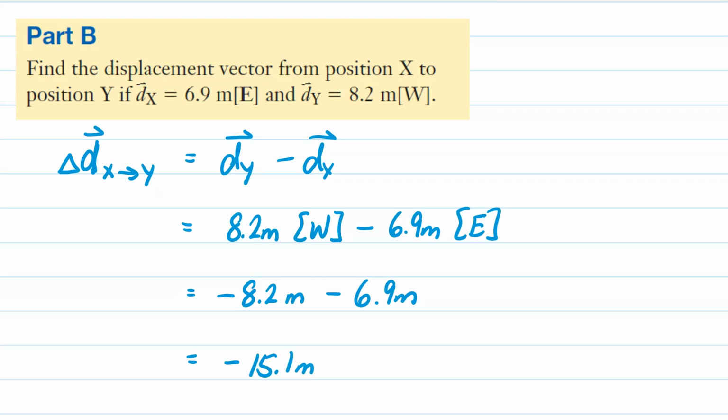Keep in mind significant digits: we're subtracting, and there's only one decimal place in our subtraction, so we should have a final answer with one decimal place as well. This is a vector, so it needs direction, and if you're in the negative direction, that means you're going west. So the final answer for your displacement should be 15.1 meters to the west.